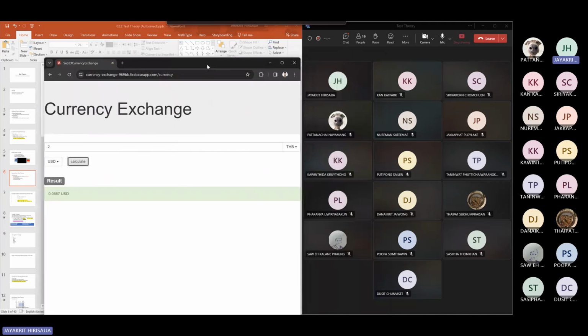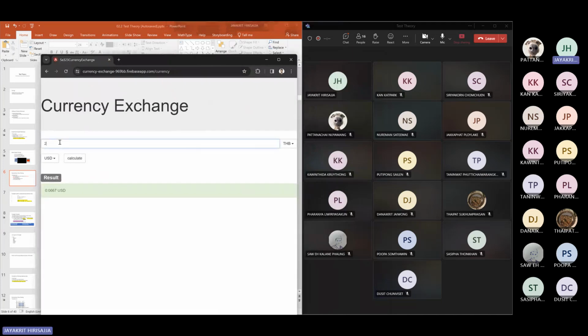Is it equal? This is almost the same. 10, 20. It provides the same part of the calculation process, and we can expect the output to be this one. It should be the exact result.